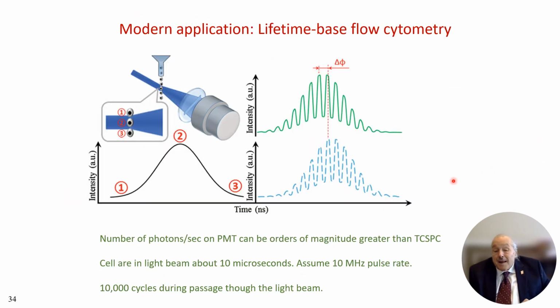There are some modern applications of the frequency domain method, and I'll mention only one. A lot of these are going to be FLIM, but this I found amazing. We actually did this in around, I forget what year it was, 1990 something. But now I've found it's very popular.